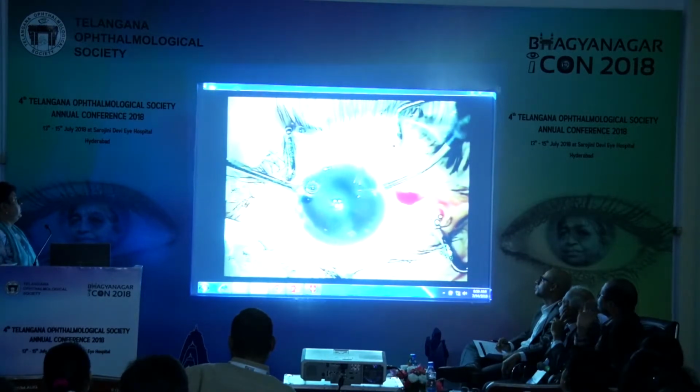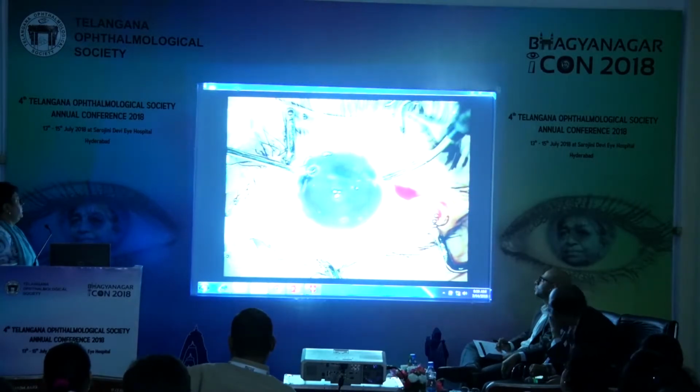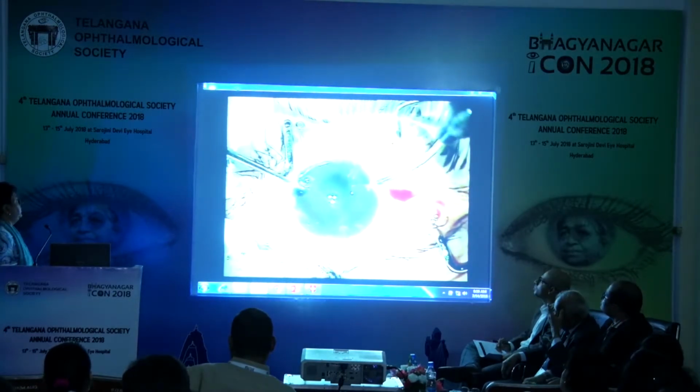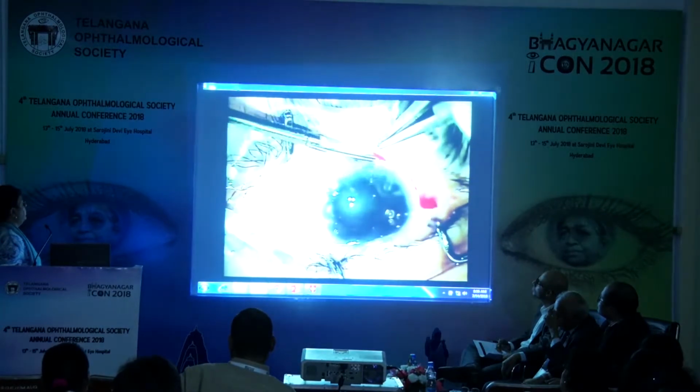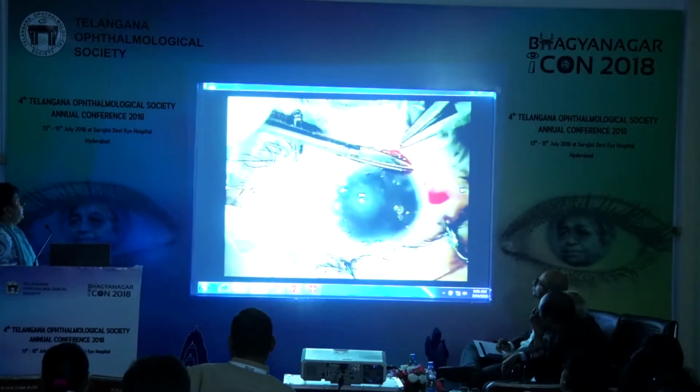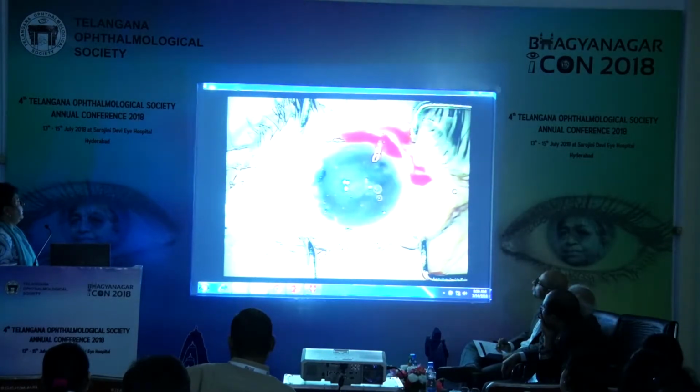The AC soon started becoming deep and stable. It became apparent that the tube was very superficial, and this was resited to avoid corneal decompensation.